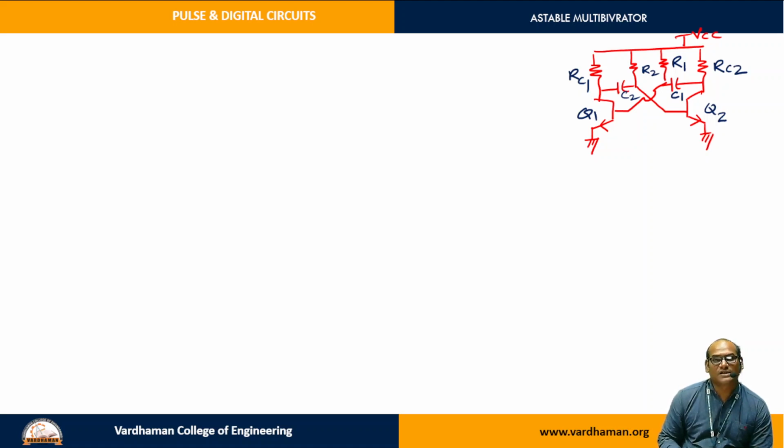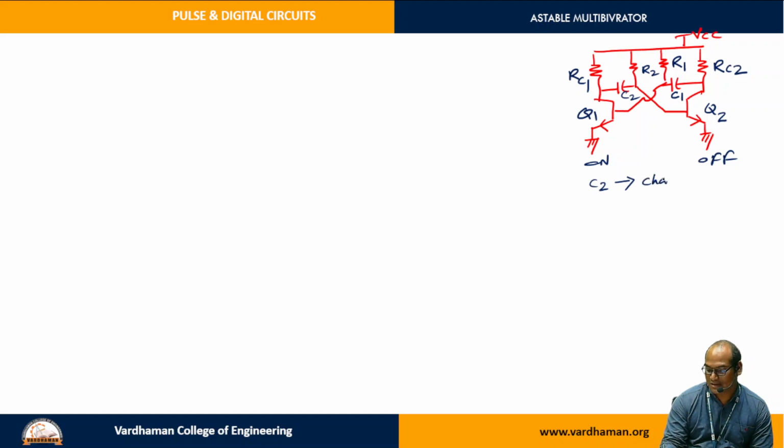So what is the operation? Simply I will revise that here. Assume that Q2 transistor is in the off condition and Q1 transistor is in the on condition. So the capacitor which is just above this on transistor will start charging. C2 is eligible for charging.